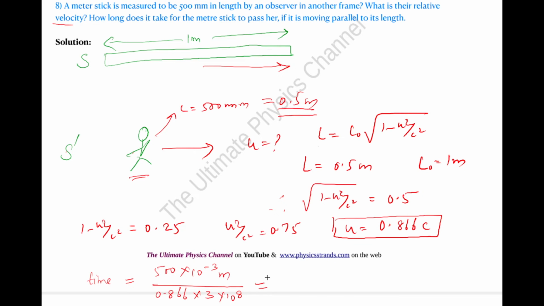And this is the time. So the time is going to be found out as 192.45 into 10 power minus 11 seconds. This can be again rewritten as about 1.92 into 10 power minus 9, nanoseconds. So it is 1.92 nanoseconds. That is the answer.